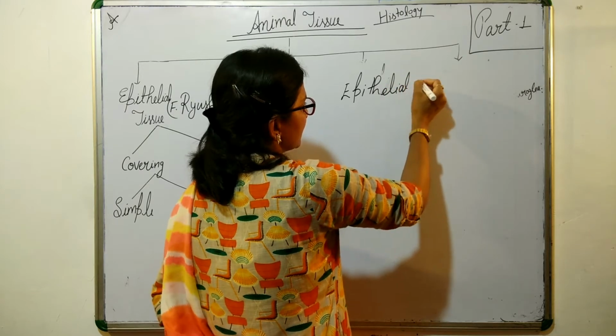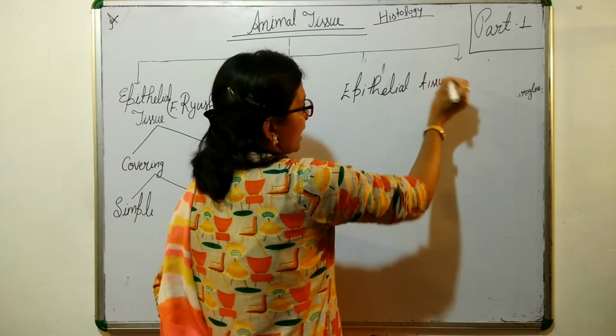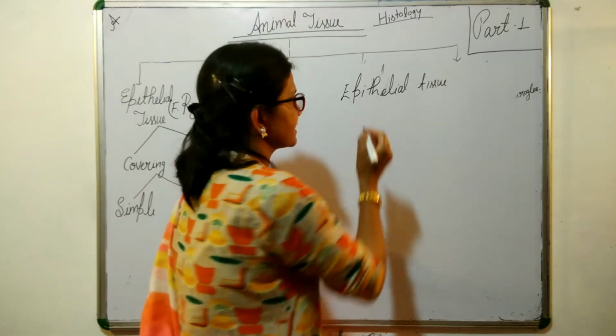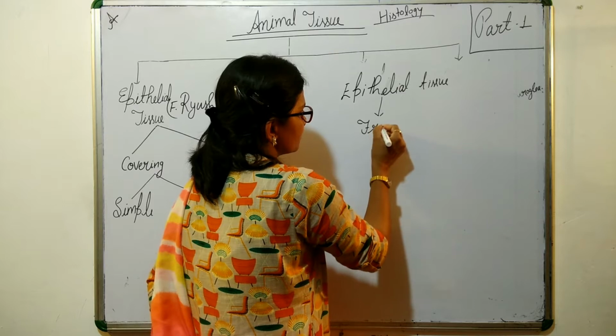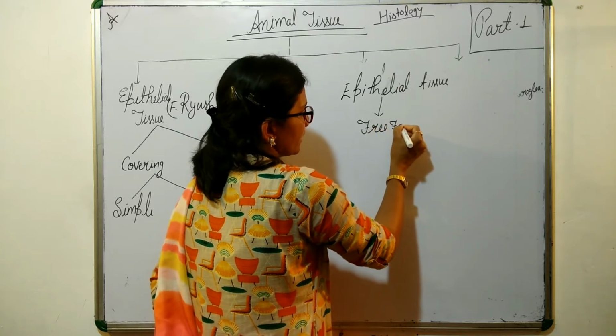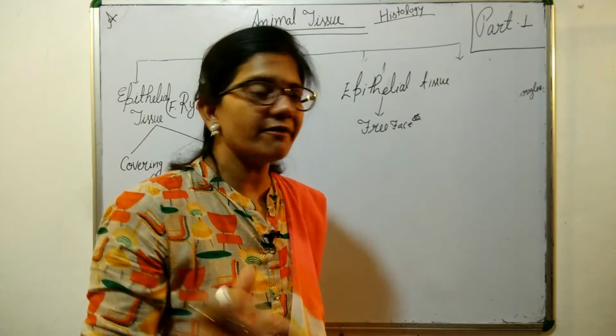Epithelial tissue has a special characteristic: its one face is a free face. This is a very important thing. It means they have a free face.